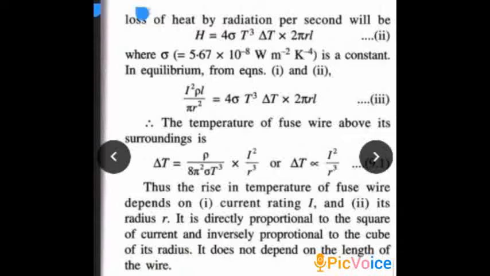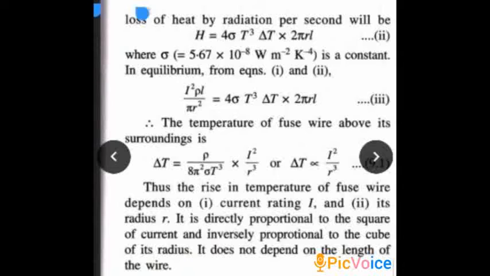Just remember these figures. And in the equilibrium condition from equation 1 and 2, heat given out is equal to heat that is taken. Heat lost is equal to heat gain. You have studied in the heat chapter, I think in standard 8th or 7th.